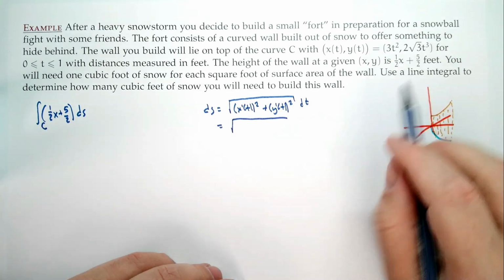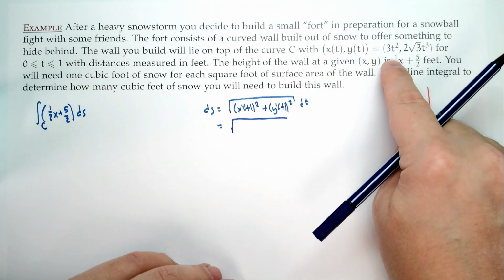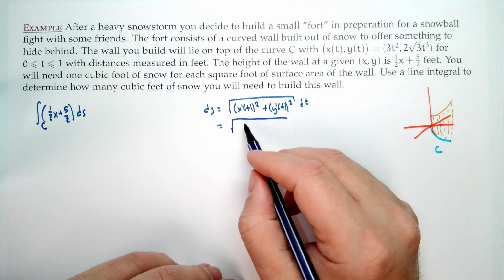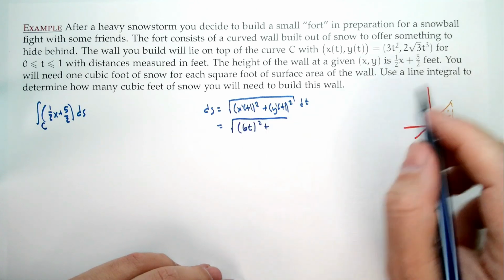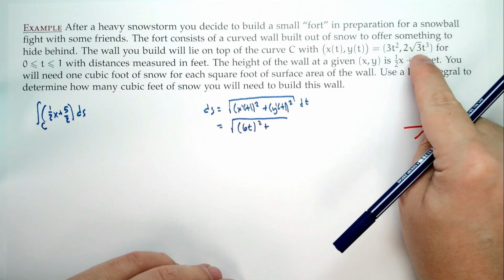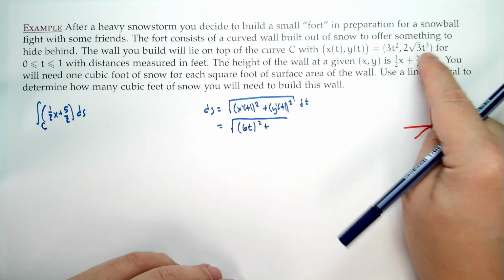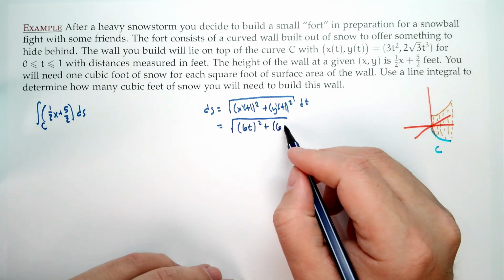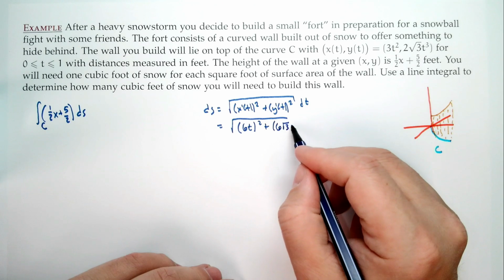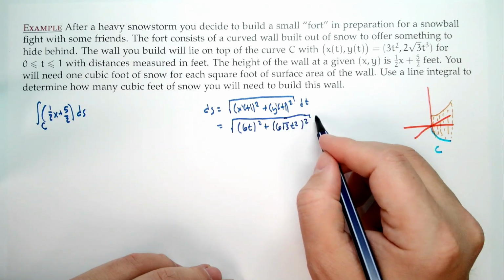So, let's see. x(t) is 3t², and the derivative of that will be 6t. y'(t): y is 2√3 t³, so the derivative of that will become 6√3 t², and then of course we're going to square that, dt.